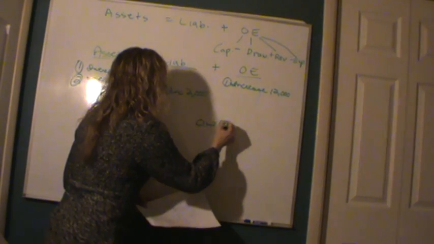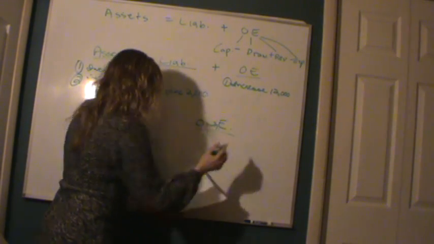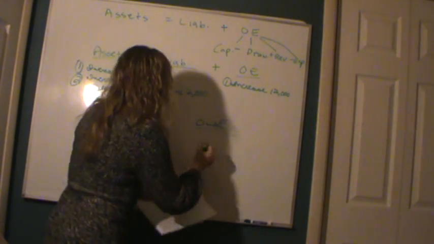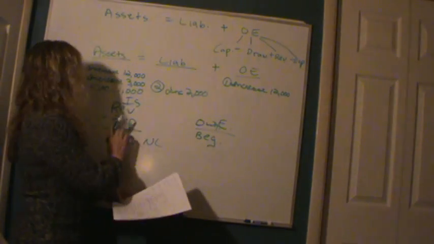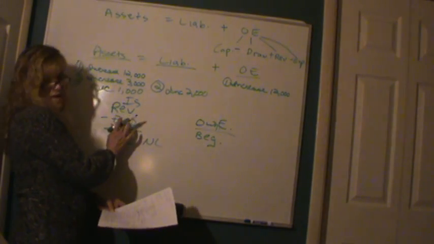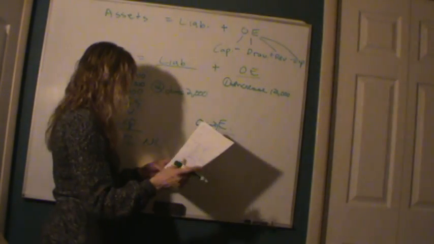If you're looking at owner's equity, you're going to start with beginning capital, and I believe problem 8 you need both for. Problem 10 is basically just the income statement.